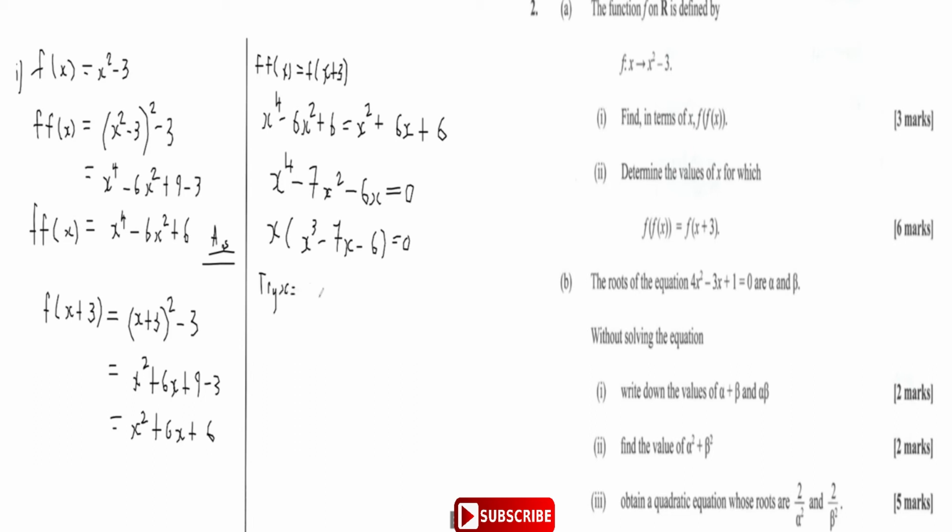When you try x equal to minus 2 for this cubic portion, you're going to get minus 2 cubed minus 7 times minus 2 minus 6, and that is equal to 0.